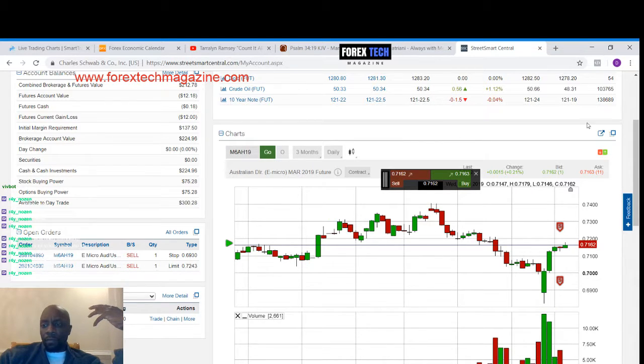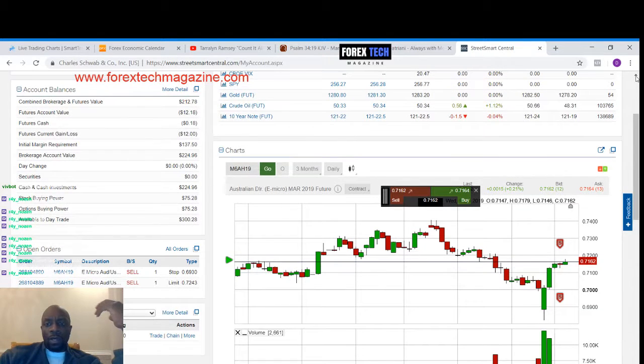With a futures account, you get the advantage of being able to trade the mini and a standard account, but it'll cost less. It's less leverage, right? It's less money to deposit into the account.